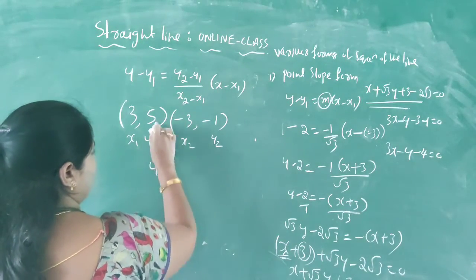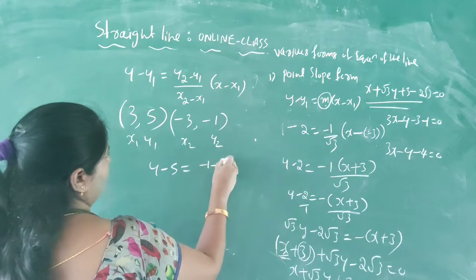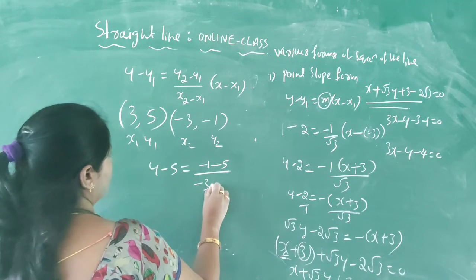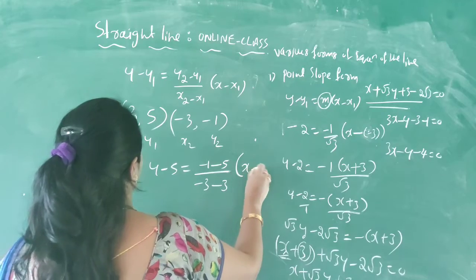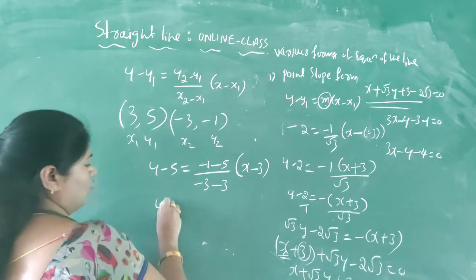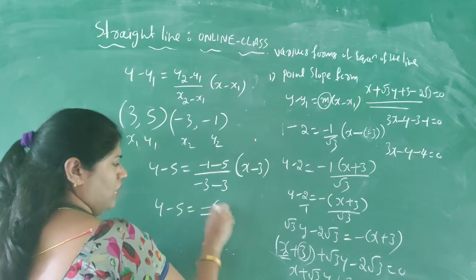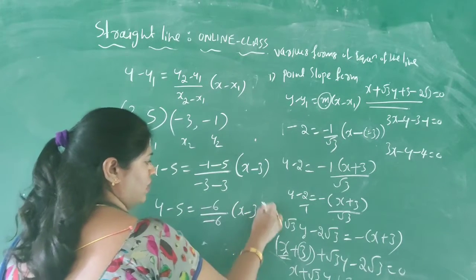So y minus y1, which is 5, is equal to y2, which is minus 1, minus y1, which is 5, divided by x2, which is minus 3, minus x1, which is 3, of x minus x1, which is 3. So y minus 5 is equal to minus 1 minus 5, which is minus 6, over minus 3 minus 3, which is minus 6, of x minus 3.